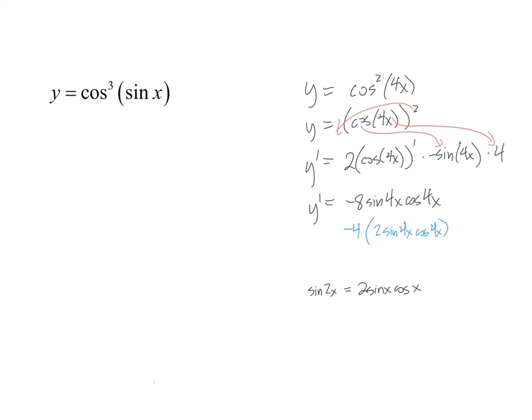Now the brackets follow this pattern, so that would give us sine of 2 times our angle, which is 4x in this case, and we'd still have our negative 4 out front. It's a little bit messed up, but it should work. We would be able to simplify that a little further to get negative 4 sine of 8x. So that would be an acceptable answer as well.